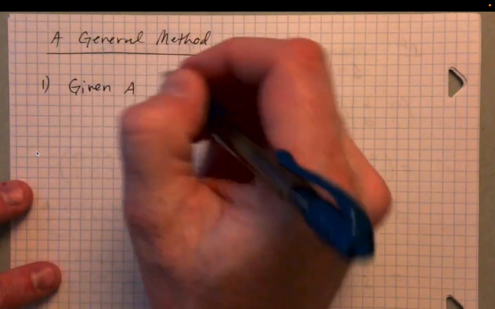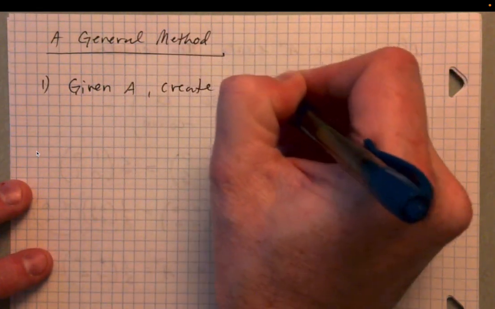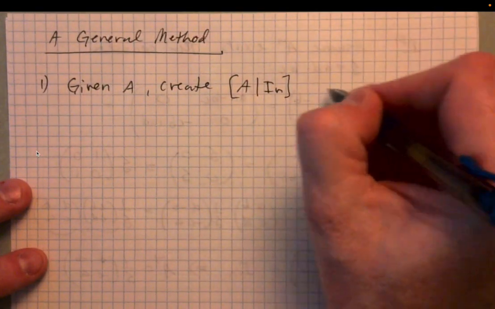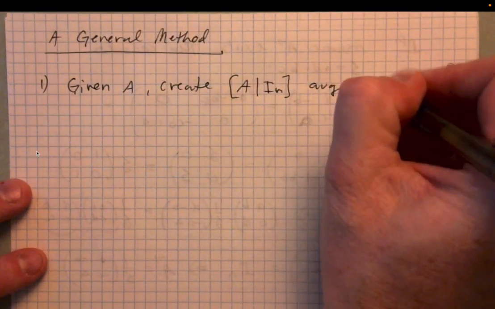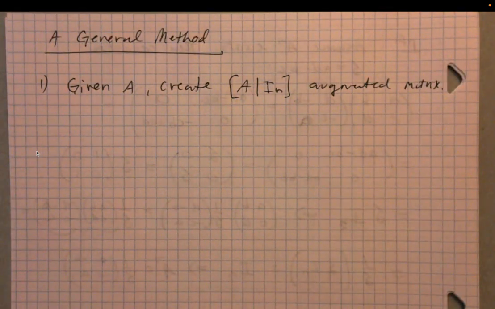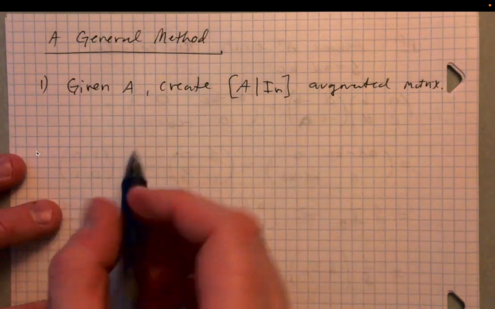So given A, we want to create an augmented matrix like this, A | IN. Okay, so you want to create an augmented matrix from your A and some identity matrix. For example, maybe I'll have a running example as we talk these through.